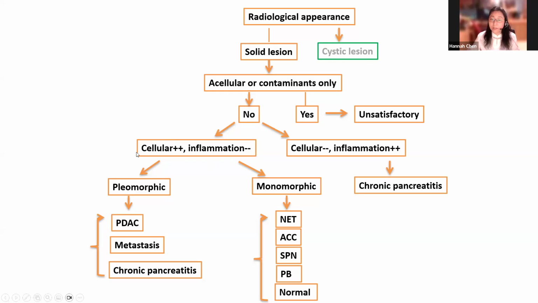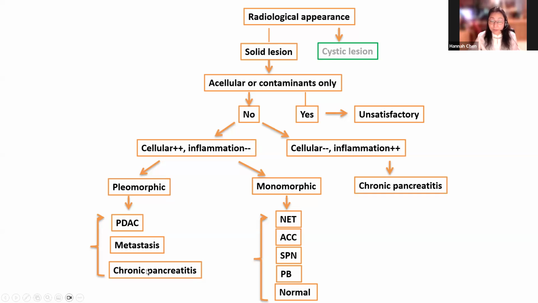If the cellular component is predominant, then they fall into two routes. If the cells show pleomorphism, then the differential diagnosis includes PDAC, metastasis, and sometimes chronic pancreatitis.